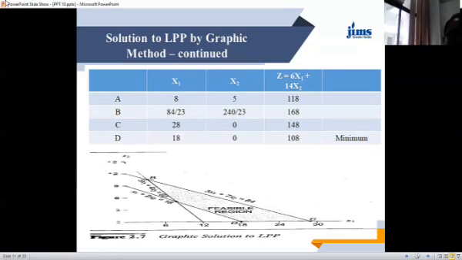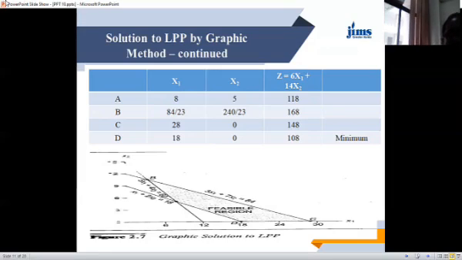Similarly, because this is greater than or equal to 0, all the points will be above this line. The solution will exist on the upper plane, meaning the convex set is generated on the upper side of the line represented by the equation 5x1 plus 4x2 is equal to 60.